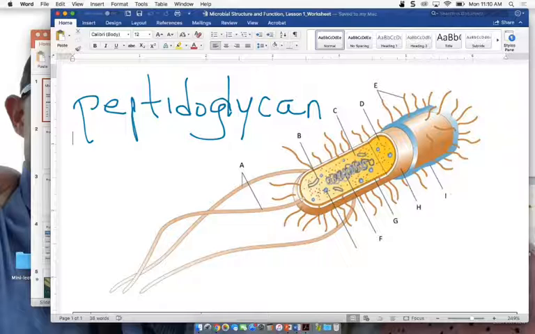How about, what's the difference between E and A? E is what? I think I wrote this one down because I wanted to make sure there was no confusion with it.